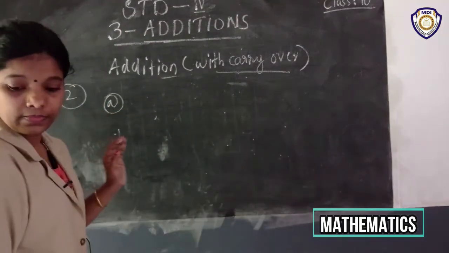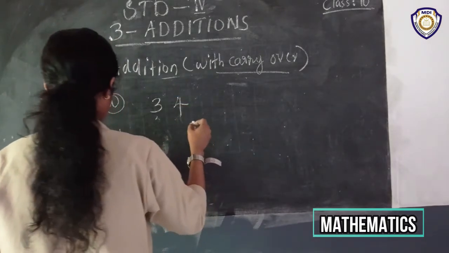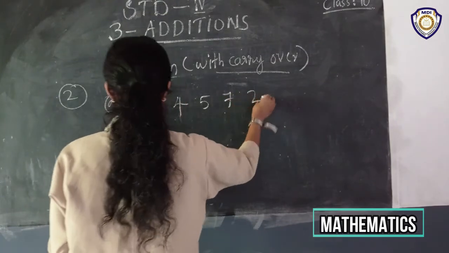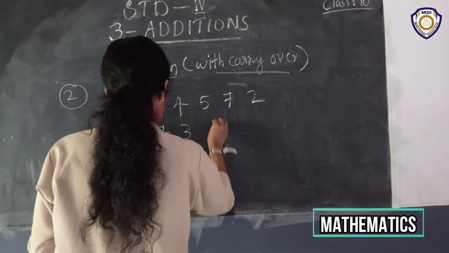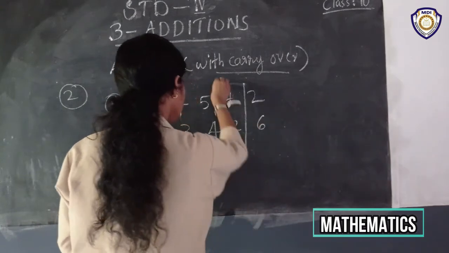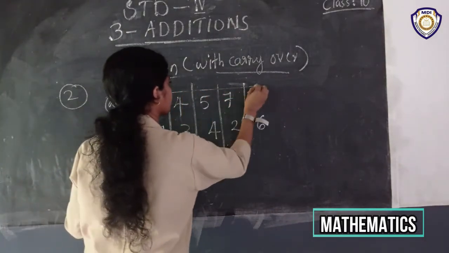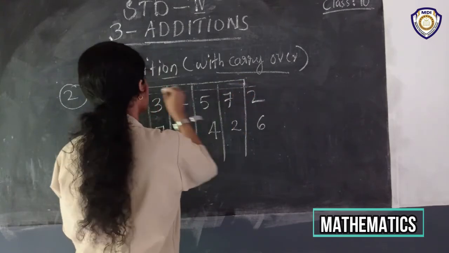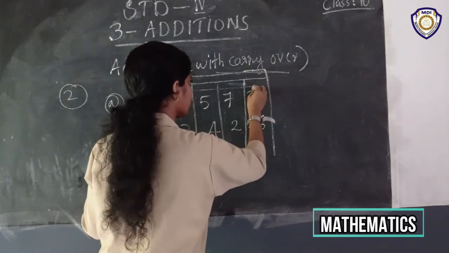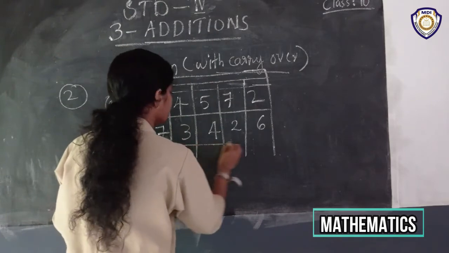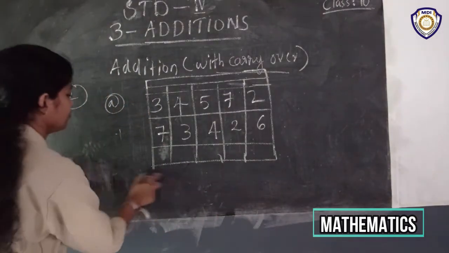A. 34,572 plus 73,426. Okay. Listen here.